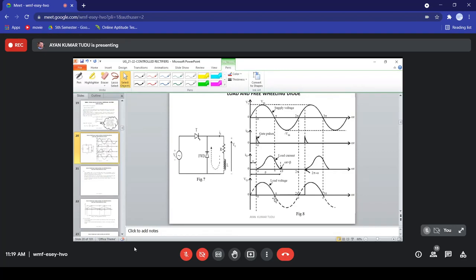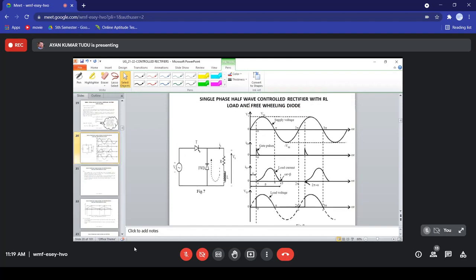But at the same time, you can see that the average output voltage is the same as that of a purely resistive load, because in the purely resistive load also we are getting this waveform only.